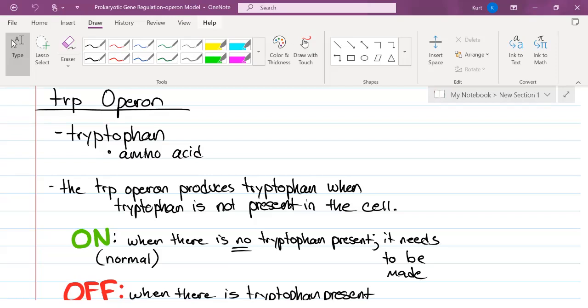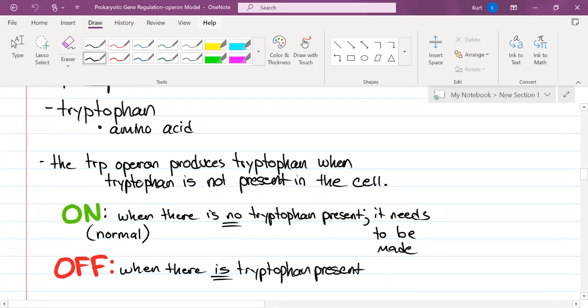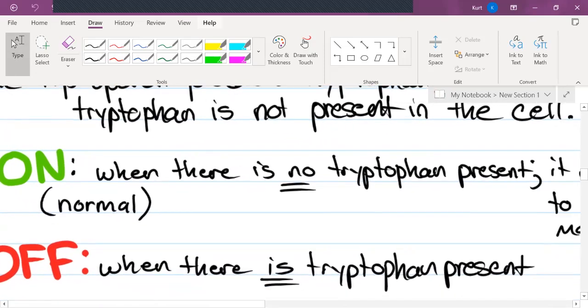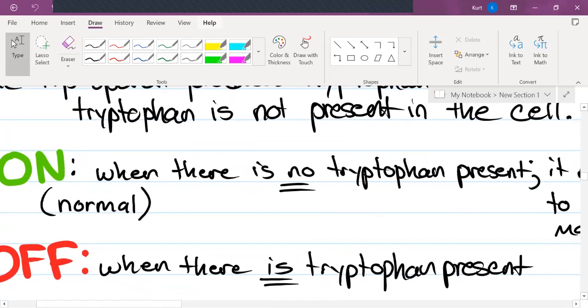So I want to make sure you all are clear that what we're discussing is taking place in bacteria. It is not taking place in you. It's taking place in the organisms that live in you. The tryptophan operon is normally turned on. We eat a lot of food that has tryptophan in it.